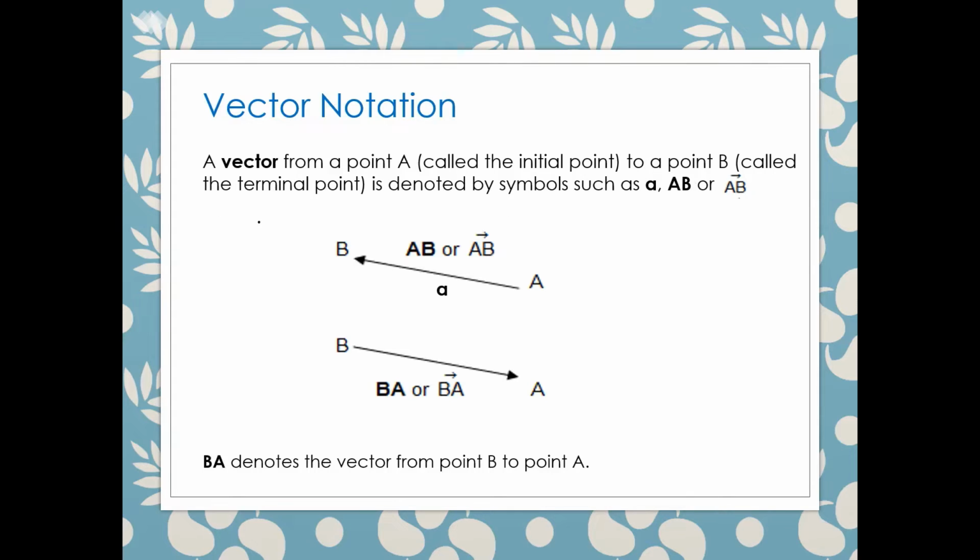A vector from an initial point A to a terminal point B is denoted by a symbol such as a small bold letter a or capital bold letters AB. In writing, we normally put an arrow on top of the symbol used to replace the bold typeface. Vector BA denotes the vector from point B to point A.